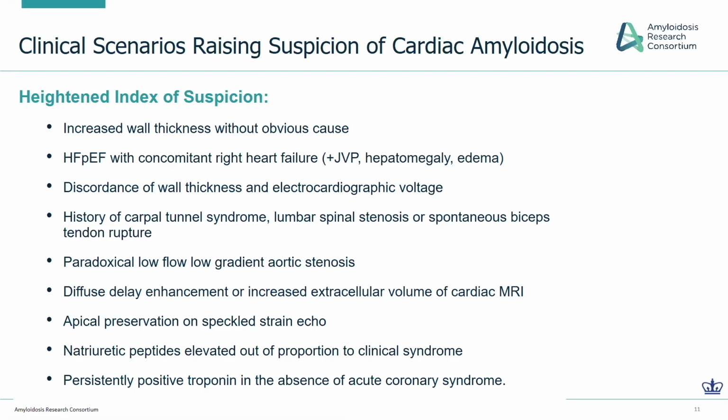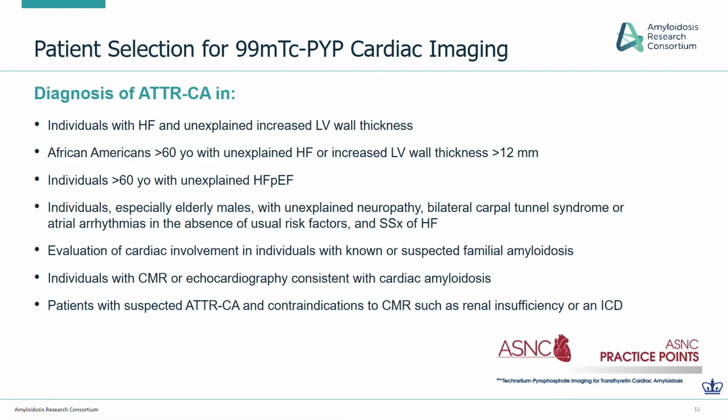Apical preservation on speckle strain echo is strongly suggestive of amyloid, although it can also be seen in other disorders, particularly chronic kidney disease and hypertension. Natriuretic peptides are often elevated out of proportion to the clinical syndrome in patients with cardiac amyloid, and many patients with amyloid-associated myocardial apoptosis have persistently positive low-grade troponins without a clinical acute coronary syndrome. So all of these should raise suspicion.